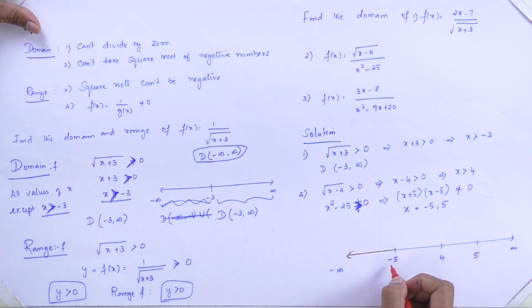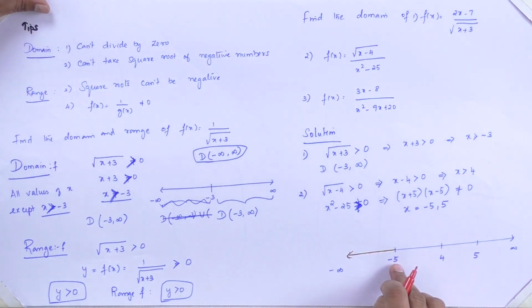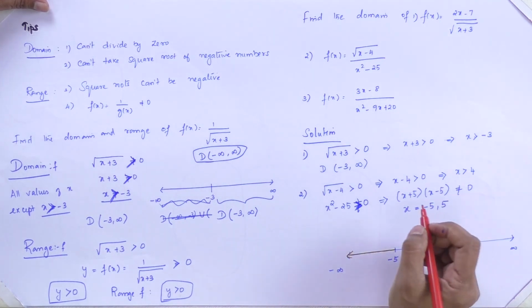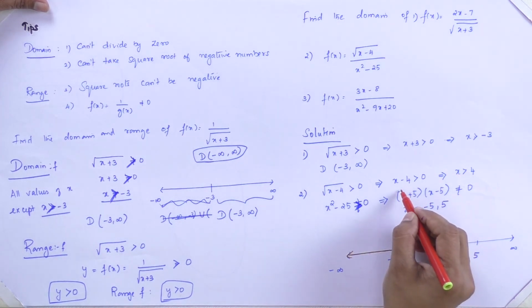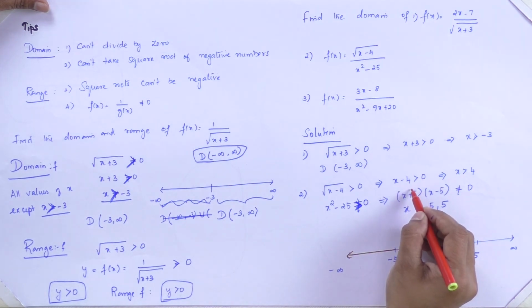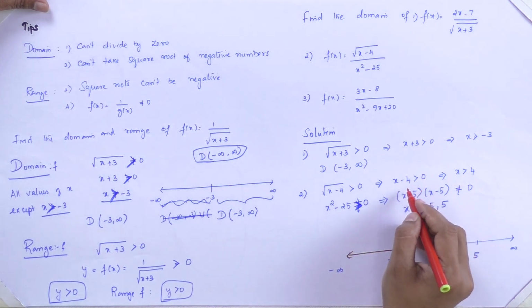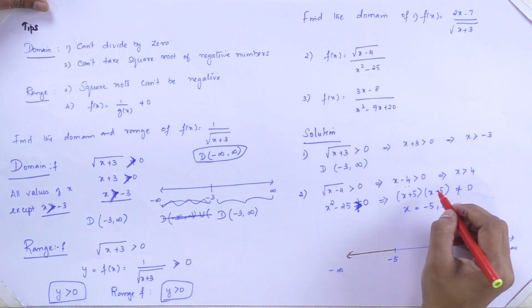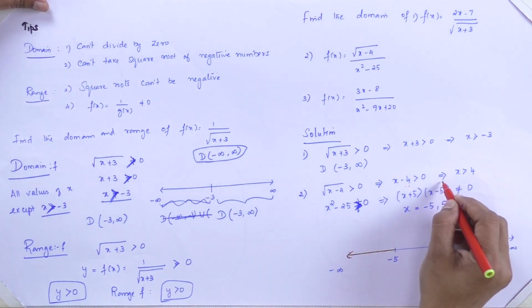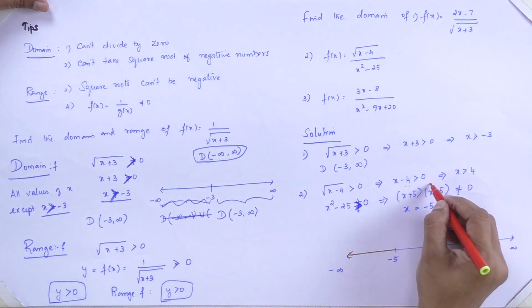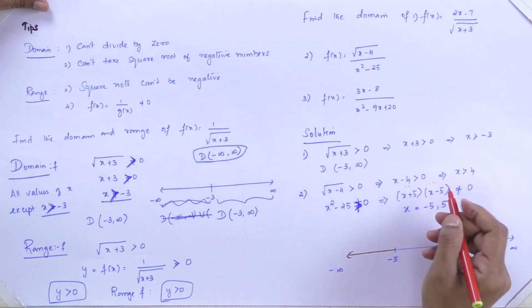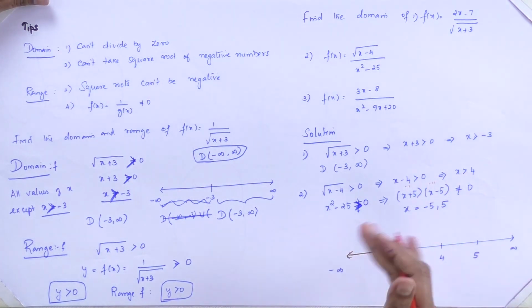See here I have minus 5. So if I substitute minus 6, what do I get? I will have minus 6 plus 5, which is minus 1, and minus 6 minus 5, which is minus 11. So minus times minus becomes plus, so it is greater than 0, I can have it.